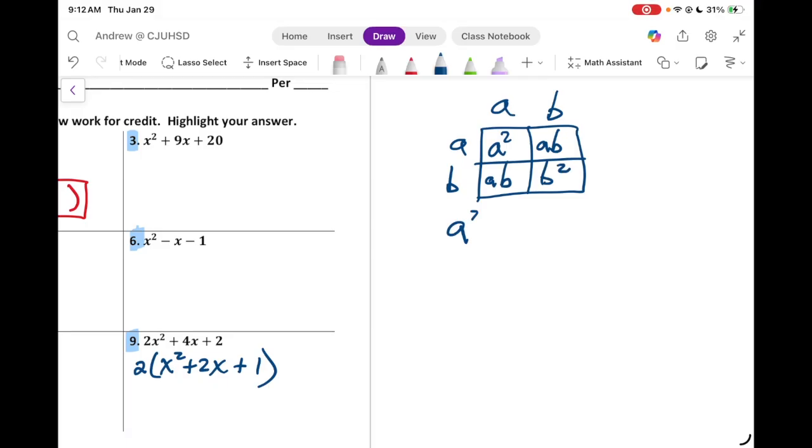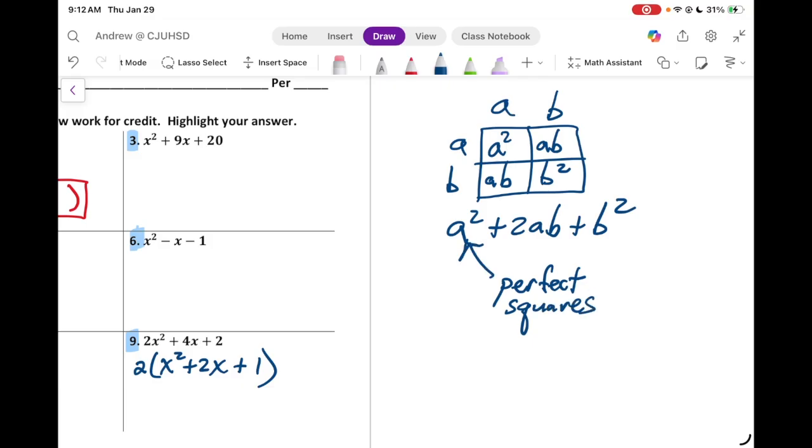So a squared plus 2ab plus b squared. So what are the clues I should be looking for here? Well, it starts and ends with a perfect square. Then the middle is going to be the square root of those two numbers, or two expressions, and it will be doubled.